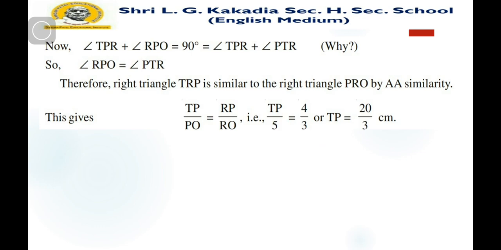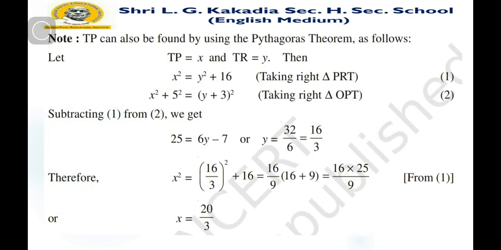So in this way we can prove such examples using the properties of tangents. Or we can also solve this example in another way: TP can also be found by using the Pythagoras theorem.